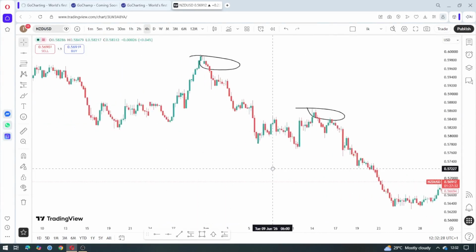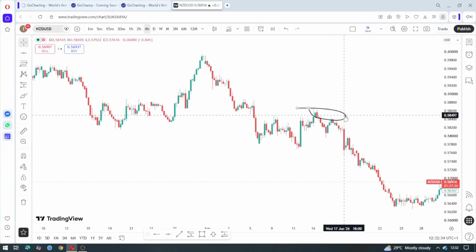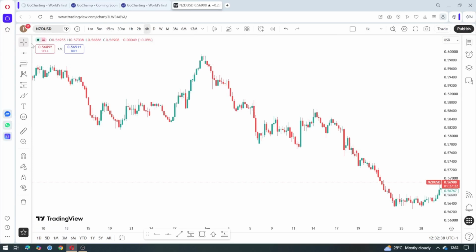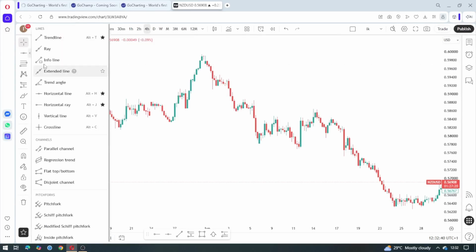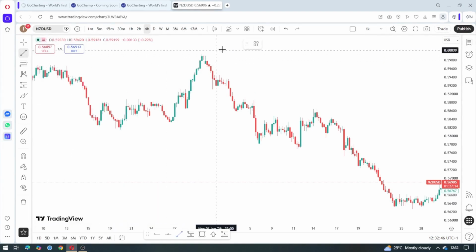Okay. That's the final area I want to use for the trend line. So what do we do? We just connect those 2 points. That's what we just do. Connecting those 2 points. Let's connect those 2 points.